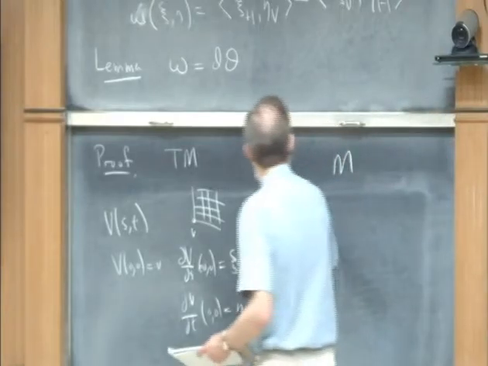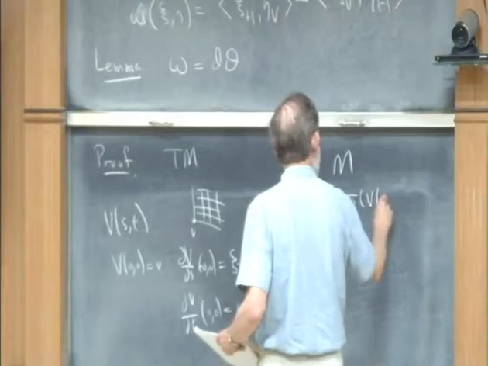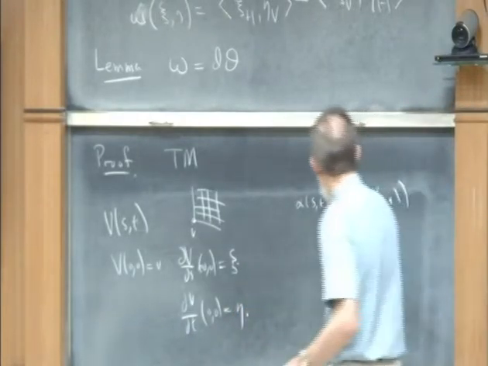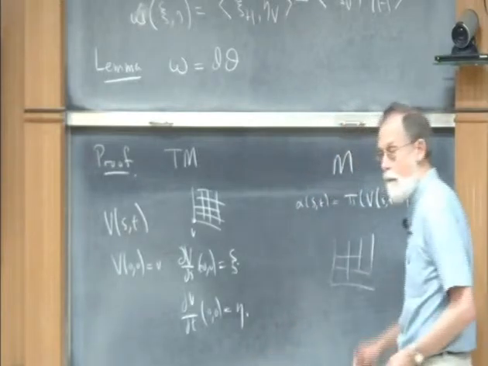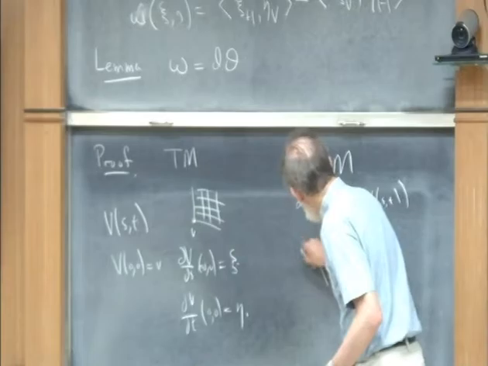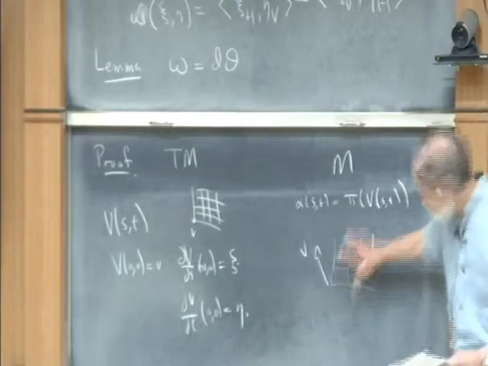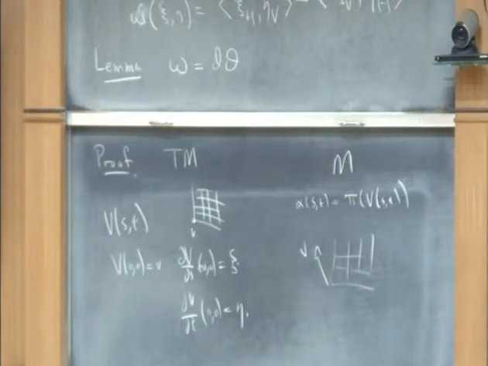So alpha of s,t will be the foot point of v of s,t. So in E, you're then going to have a surface. And then I have the vector v, which there's absolutely no reason why it should be tangent to this surface. This is just the surface of foot points of the vectors over here.